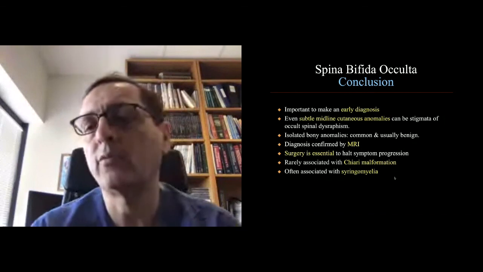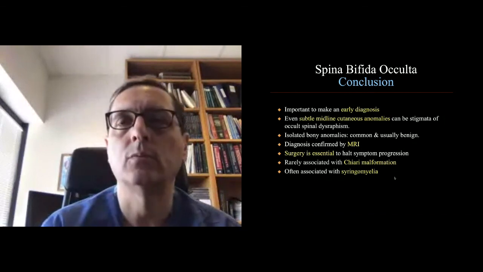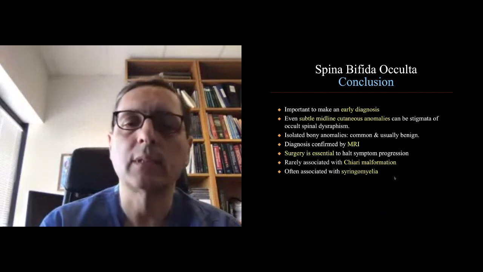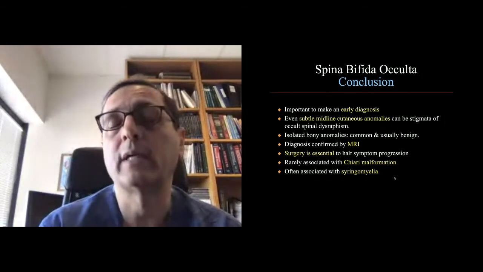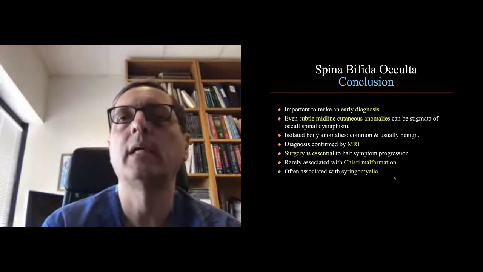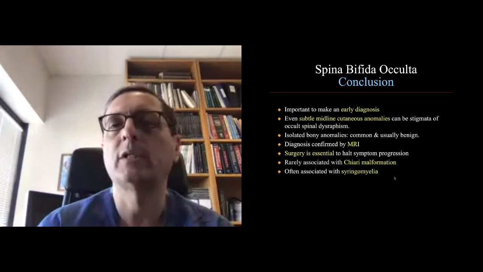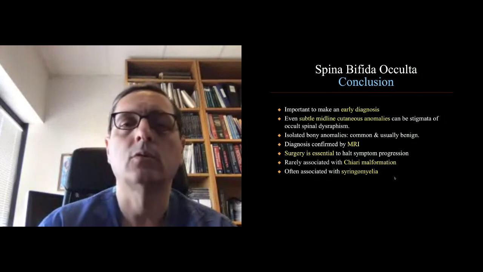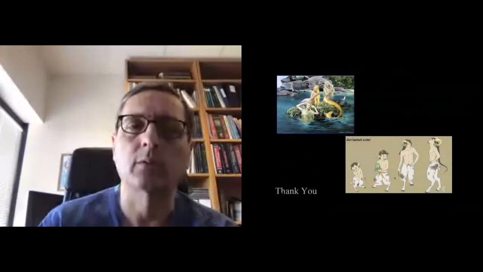But they are often associated with syringomyelia, and the bottom line, as many of you know, is that when someone presents with syringomyelia, you need to find out what causes the syringomyelia. So you get a full brain and spine MRI to look for Chiari malformation, to look for spinal cord tumors, to look for arachnoiditis, and to look for tethering of the spinal cord.